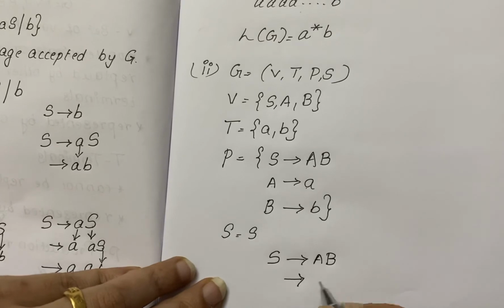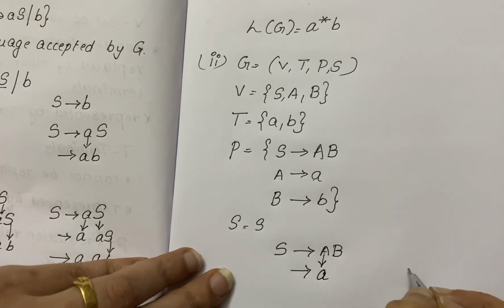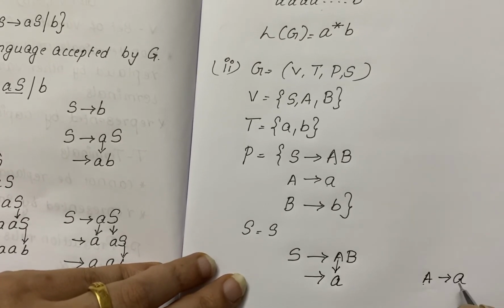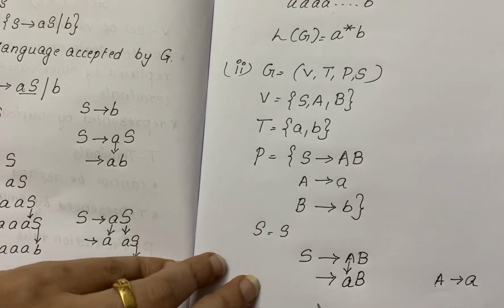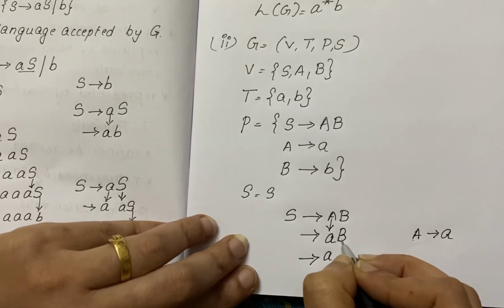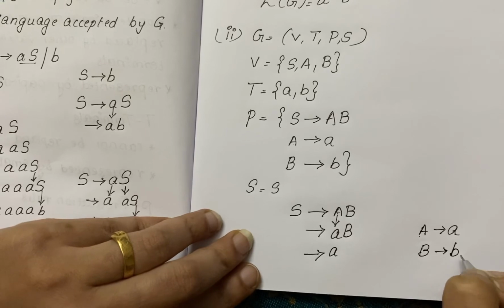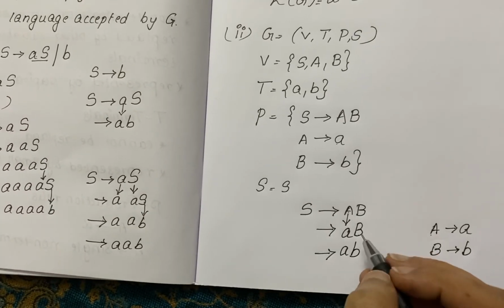So first, for this A, I am substituting small letter a, because we already have that rule that for capital letter A we can substitute small letter a. And this B you write it like that. In the next step, this a you write it like that. For this B, we already have a substitution. We can replace it with the small letter b. So ab. Is it clear?